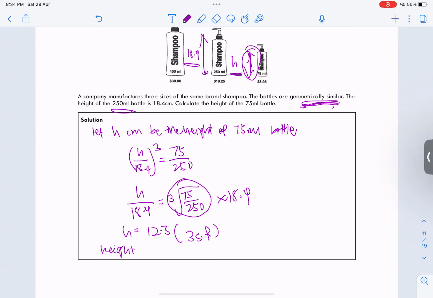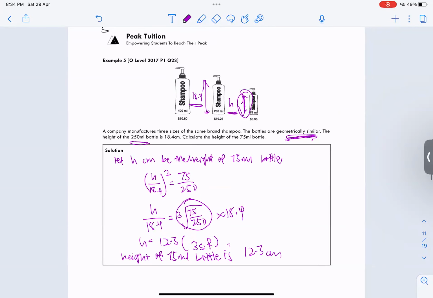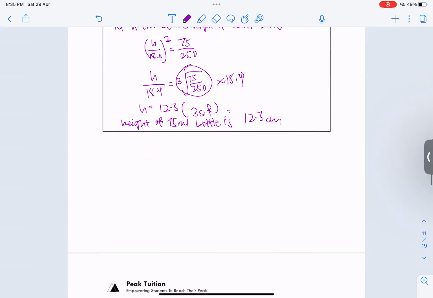Height of the 75 ml bottle is equal to 12.3 cm. Quite direct. Can you move on?